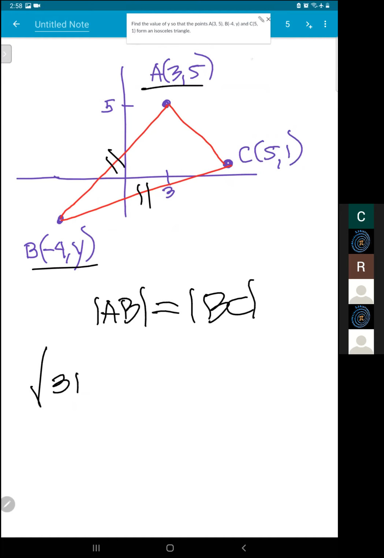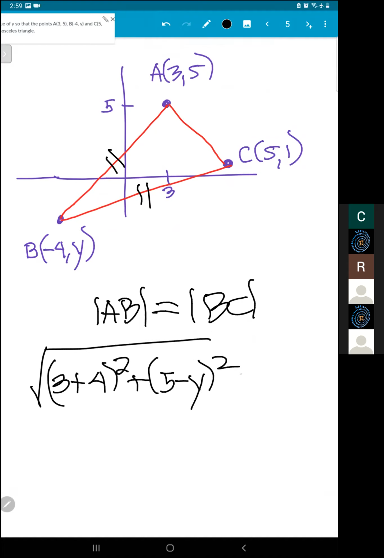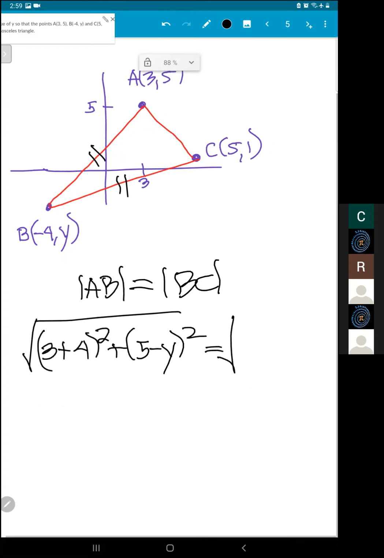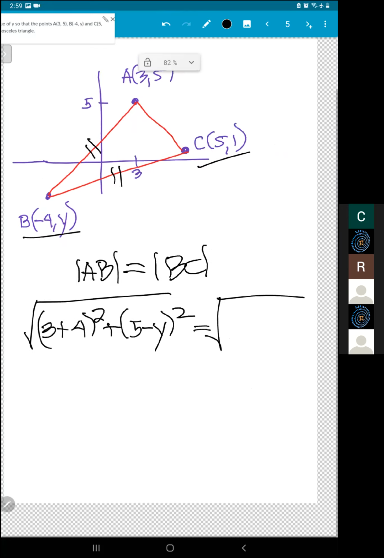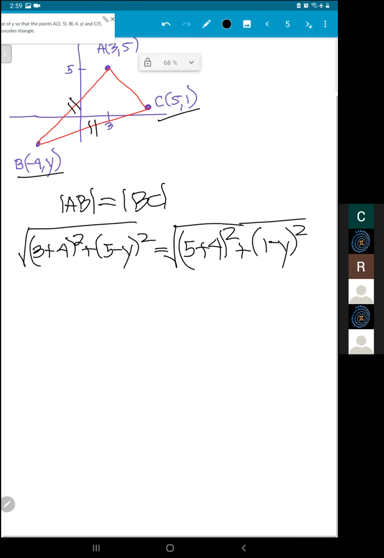Okay. Then BC. Okay, squaring both sides, then simplifying. That's 49.